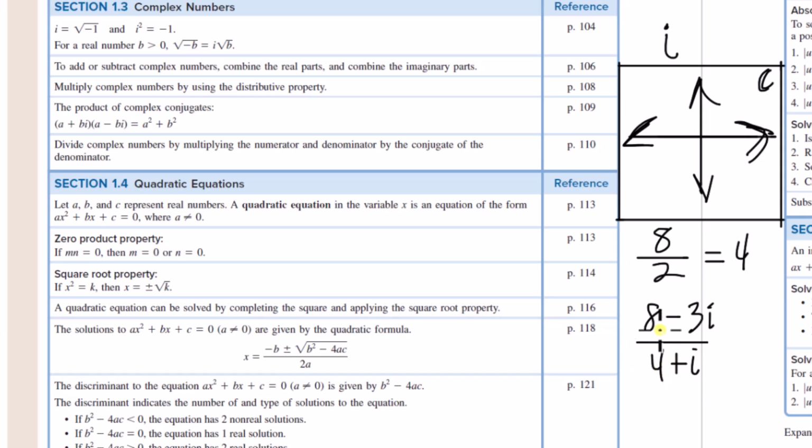I couldn't separate this into 8 divided by 4 plus i minus 3i divided by 4 plus i. We have to go a different route than with just real numbers. But we're still using the properties of numbers to figure this out, because when we multiply a complex number by its complex conjugate, we get a real number, and we could turn this into a new complex number.